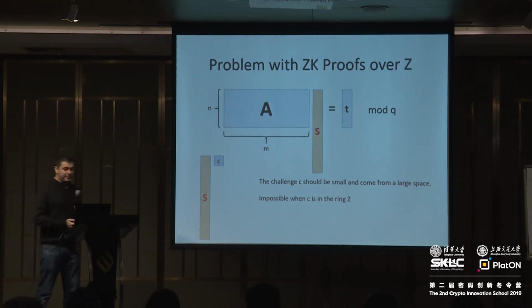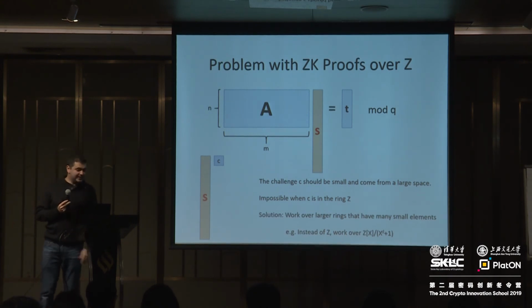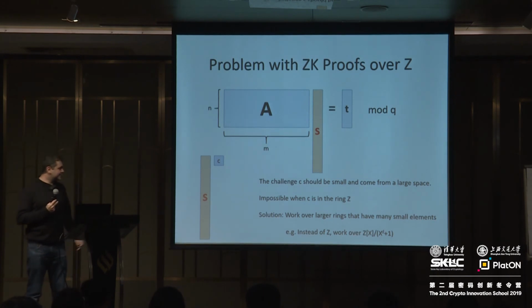So you want some ring that can have a challenge c that's small, yet comes from a large space. And that's exactly what these polynomial rings have. The idea is you work over larger rings that have many small elements.